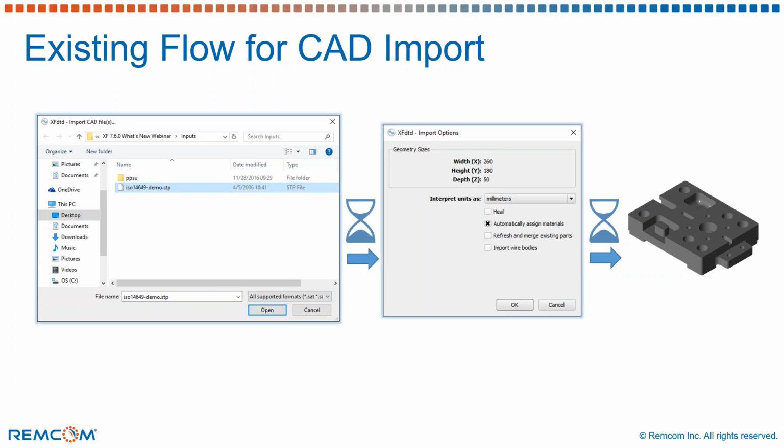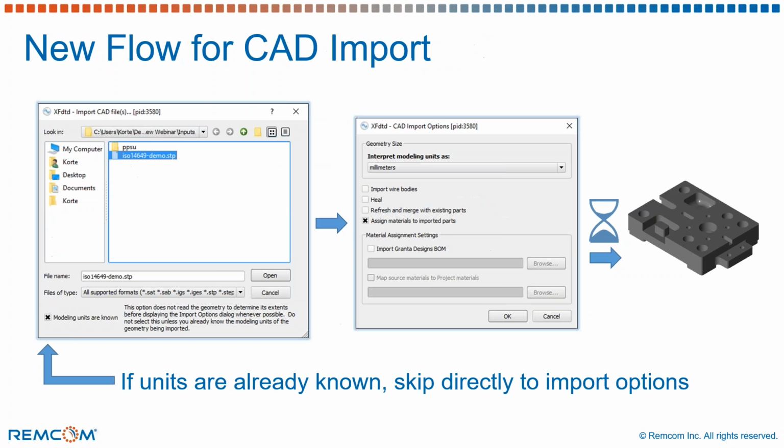Typically, though, the person doing this already knows what the modeling units are because you're using the same software over and over again. And so we've optimized that workflow a little bit by letting you tell XFdtd that you know what the modeling units are so that you can proceed directly to the import options. And once you select your import options, then there's a delay while the model is being imported.